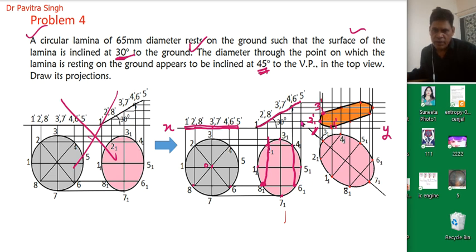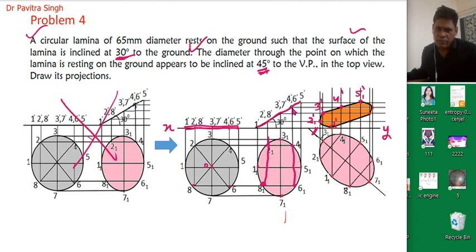Horizontal line from point 4 dash, vertical line from point 4 1, so we will get this point 4 1 dash. Clear? Now vertical line from point 5 1, horizontal line from point 5 dash, so we will get this point 5 1 dash.